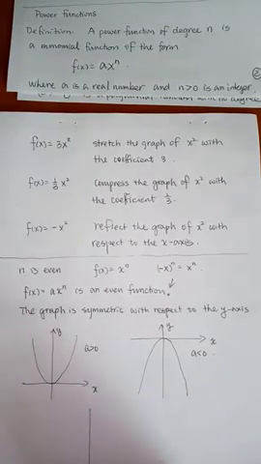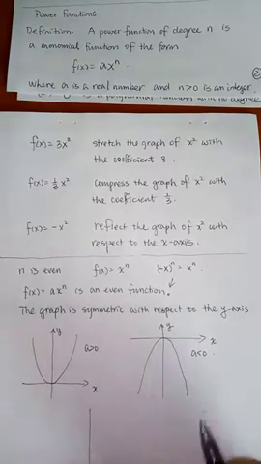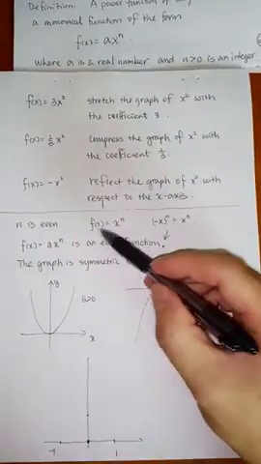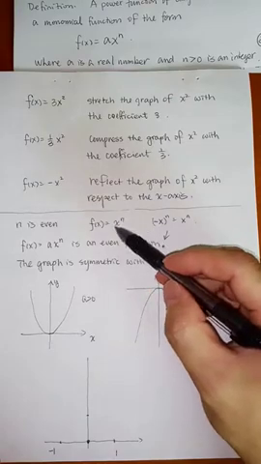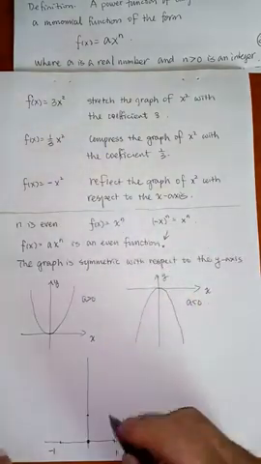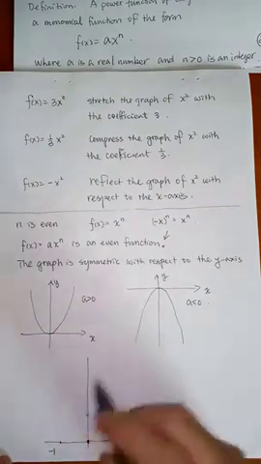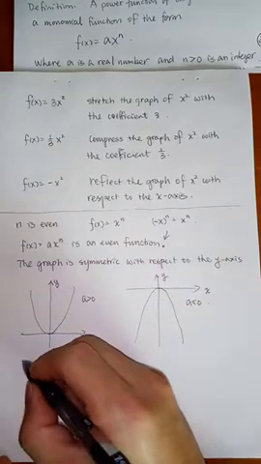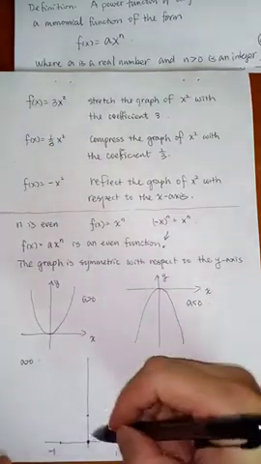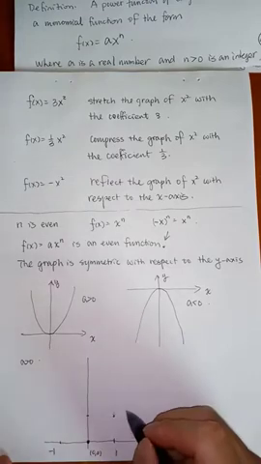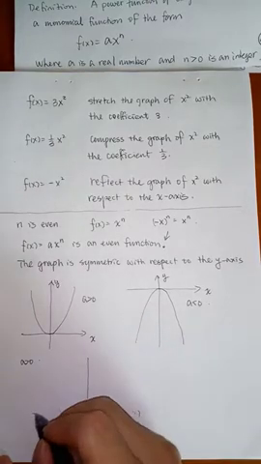So when x is 0, y is 0. When x is 1, y is 1. When x is negative 1, remember we're talking about the even case, y is still positive 1. So all the ax^n with a positive will pass through (0, 0), (1, 1), and (-1, 1).